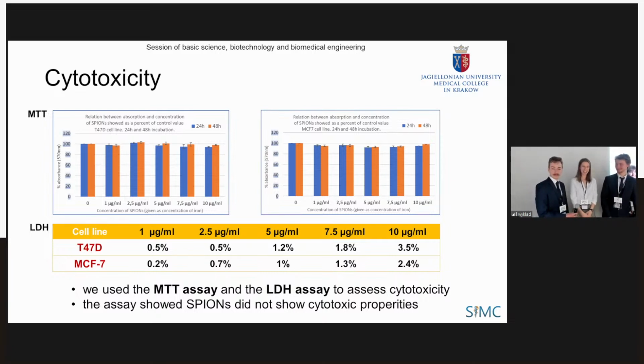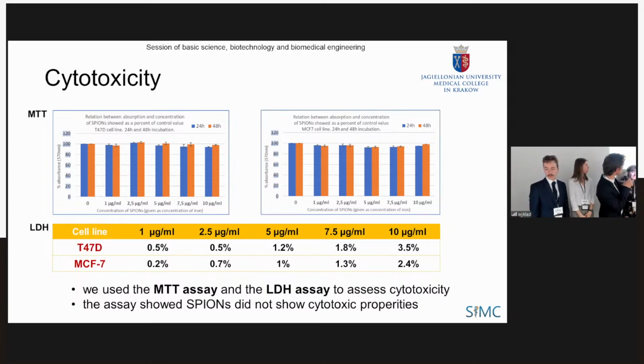I want to ask about the negative control, because everywhere here you show the effects, but I don't see any negative control anywhere. Is there something like this? Yes, in fact, the negative control, I presume you mean the control where there were no cells, just SPIONs.